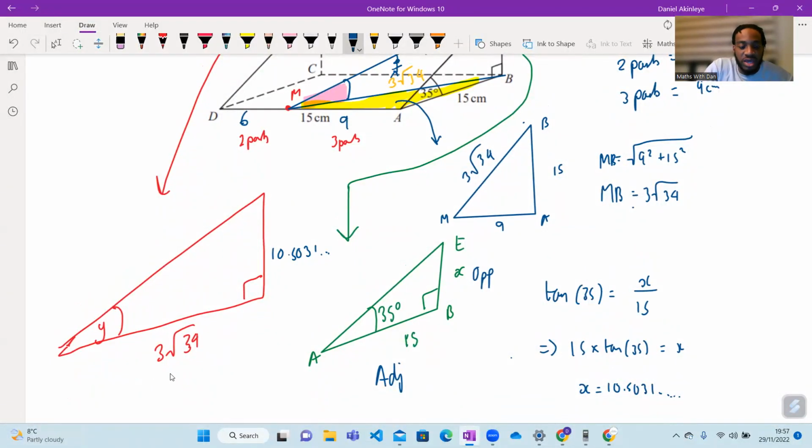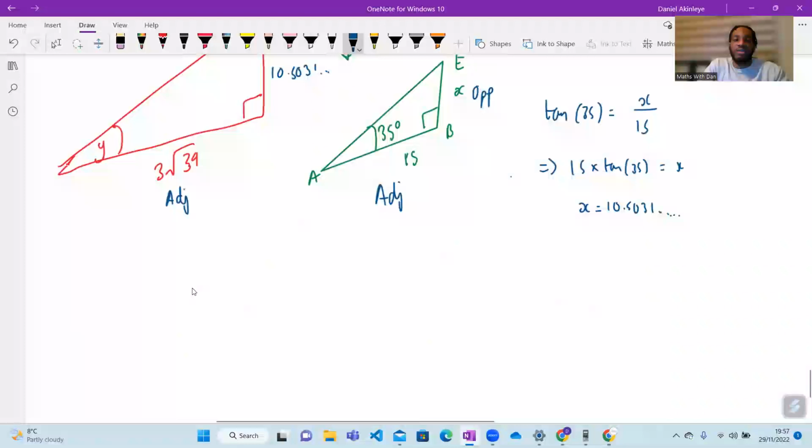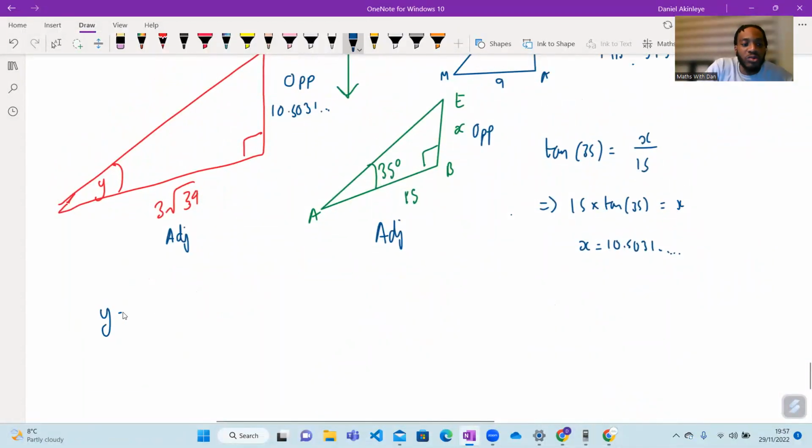This would be the opposite, and this would be the adjacent side here. Then we can do tan again. So y will be equal to the tan inverse of 10.5031 dot dot dot divided by 3 root 34.